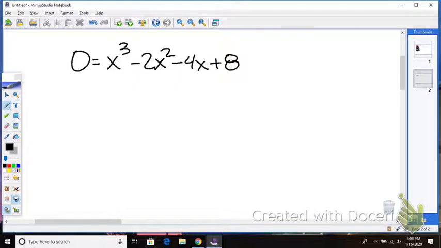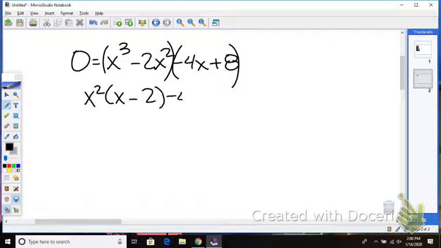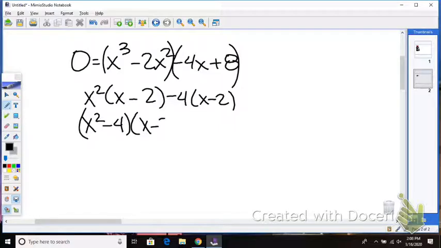Okay, I'm going to start mine up here so we can compare our work. So I start with x squared minus 4 and x minus 2. And we just had this a minute ago. It factors down to x plus 2, x minus 2.